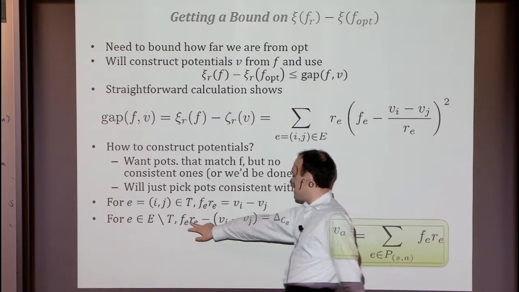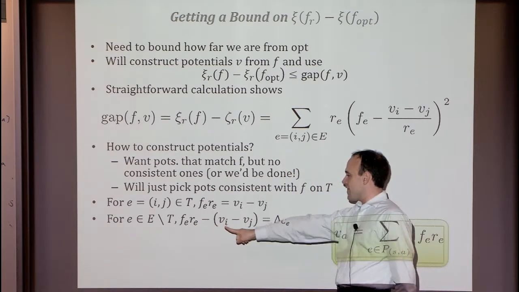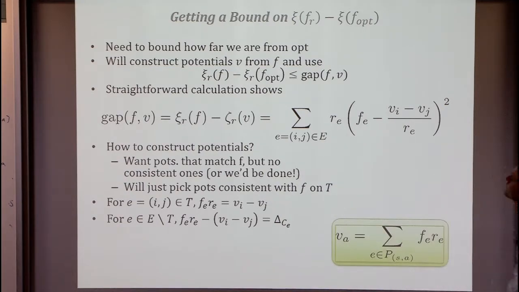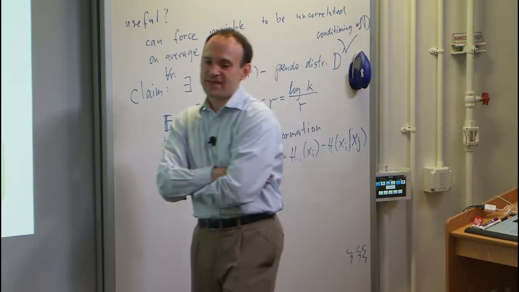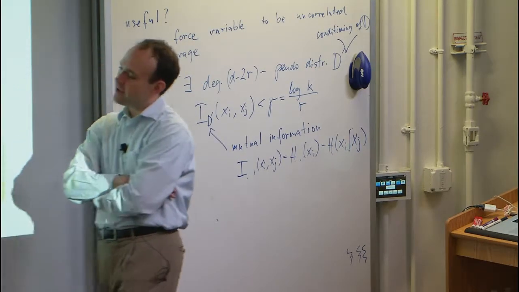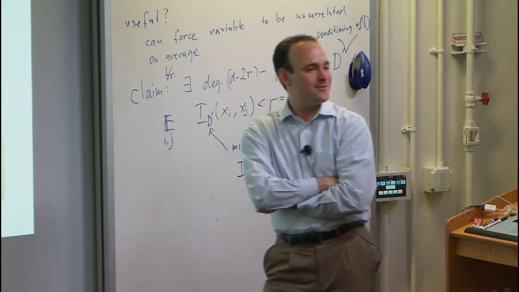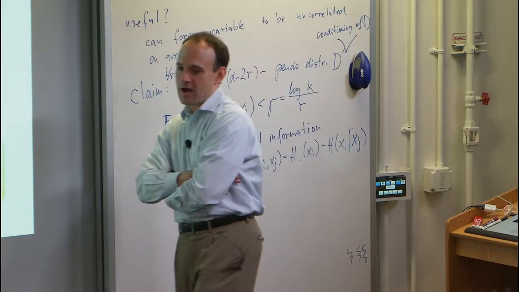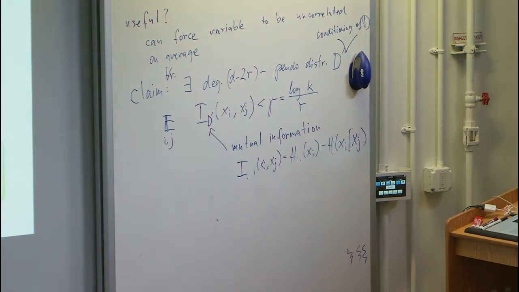So the difference between f_e r_e, the actual value, and v_i minus v_j, I claim it's just the potential difference as you go around the cycle, right? Because it's the two paths that you use to get from one endpoint to the other, the tree path and the edge. So delta c_e is just that value. And so in particular, the gap between these potentials and the flow is exactly the sum over all non-tree edges of delta c_e squared over r_e.